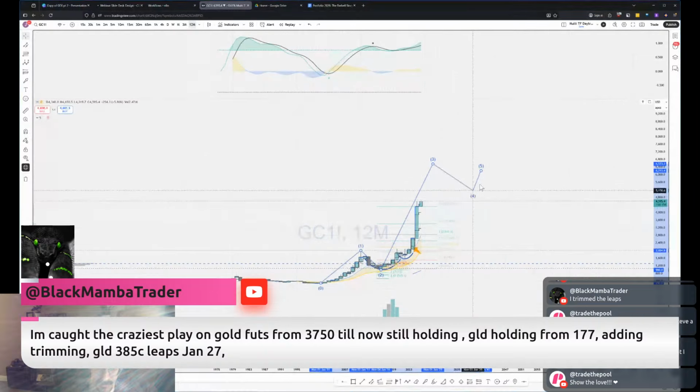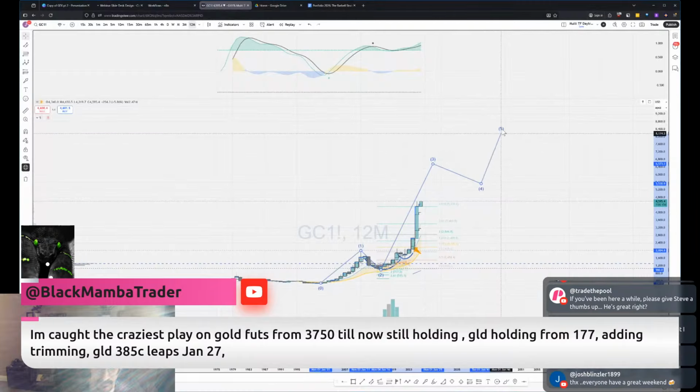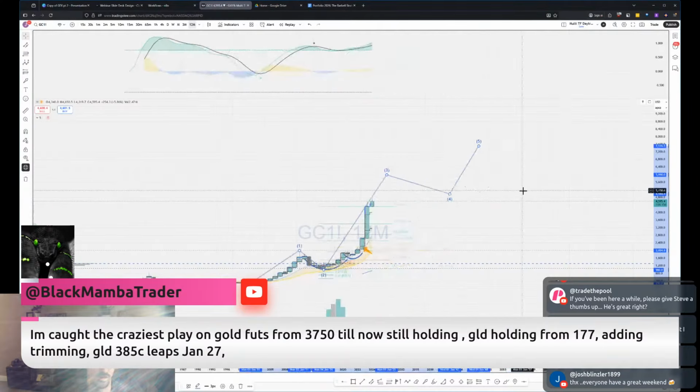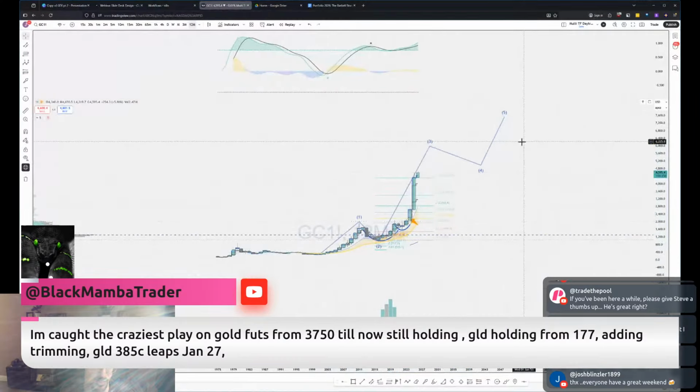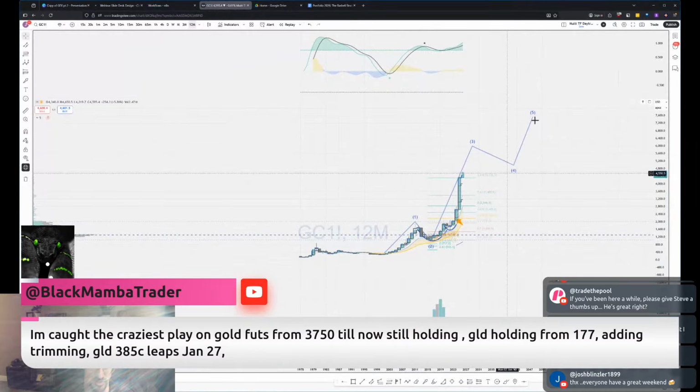So maybe it does 6K-ish. Trade sideways to 5K, and then a move up to 7 something-ish. This is all very speculative, just spitballing here, but I wouldn't be surprised to see something like this.